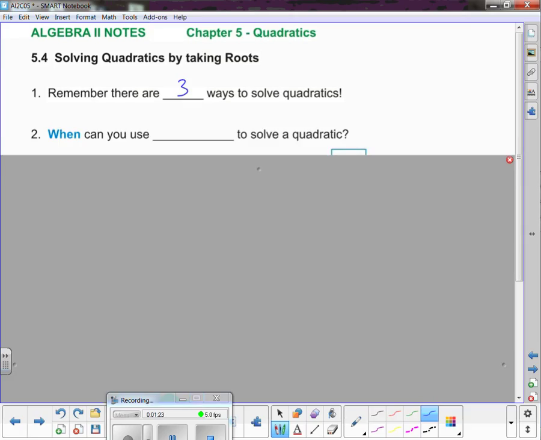Review. All right. So when can you use roots to solve a quadratic? Because just like factoring is limited, and maybe you don't know that yet, the method we used yesterday is limited because guess what? Not every polynomial factors.